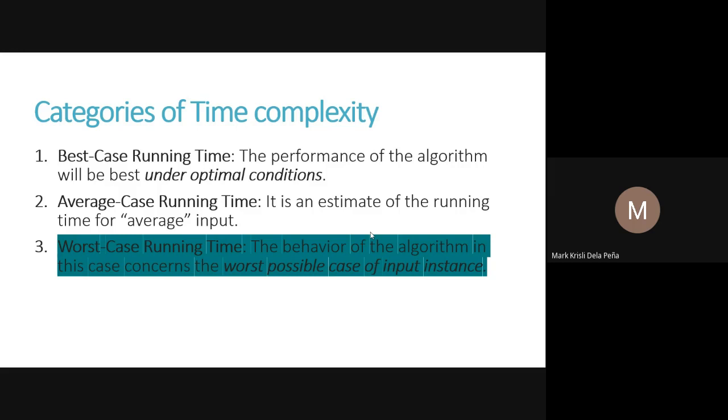The worst case is when you find the value at the last element of the array or nothing at all, which means you have performed several iterations before you get a result of your search. So that's the difference among these three categories of time complexity.